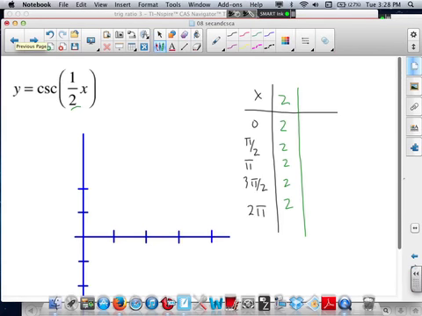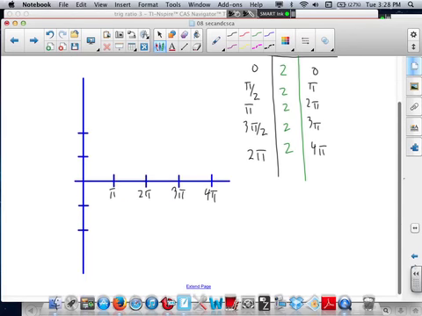So I would wind up with my new x: 0, pi, 2 pi, 3 pi, and 4 pi. And I'll go ahead and put in the asymptotes.